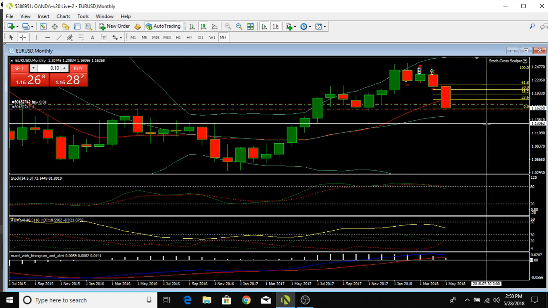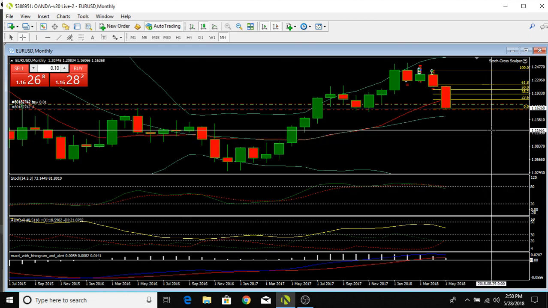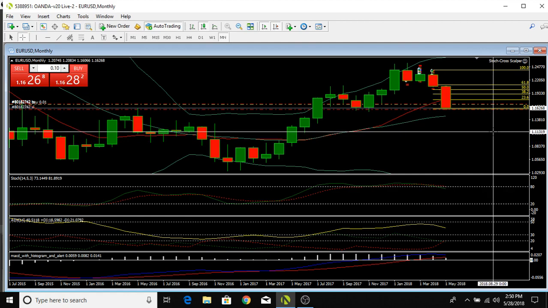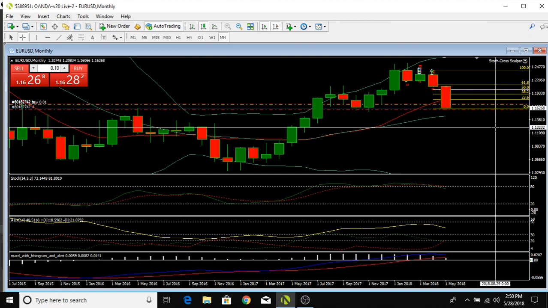And then if it breaks that, it's probably going down to maybe about 1.12. So I'm putting it right here, showing this is support at 1.12. I don't think that's going to happen for a while, though.